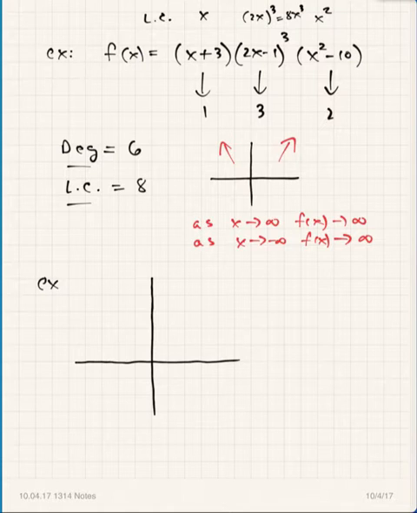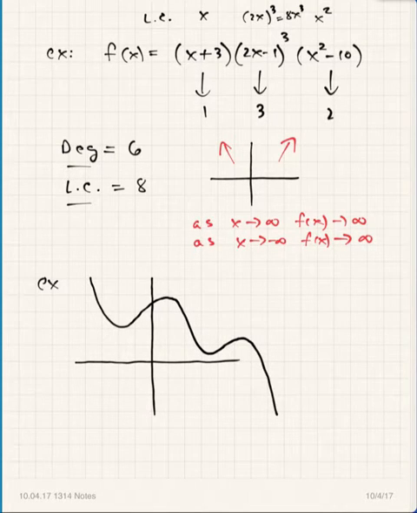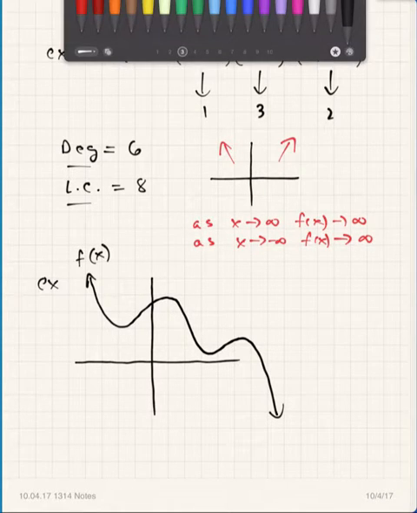All right, so let's say that our graph looks like this. Interesting, okay. So first of all, let's talk about whether the degree is even or odd a little bit. So we look at the end behavior of this graph.